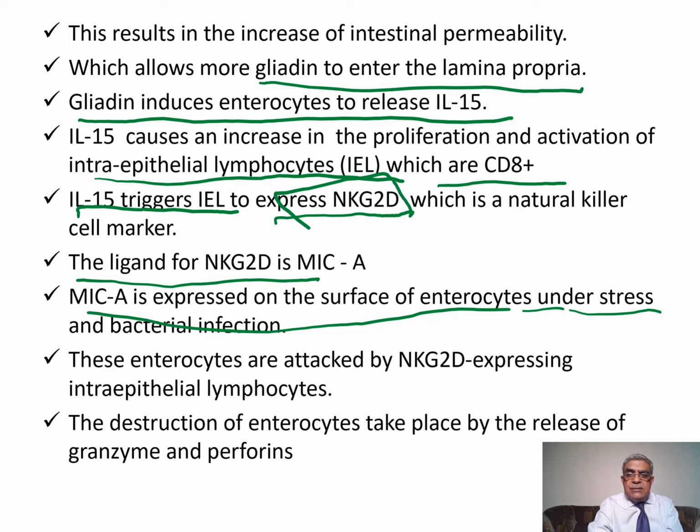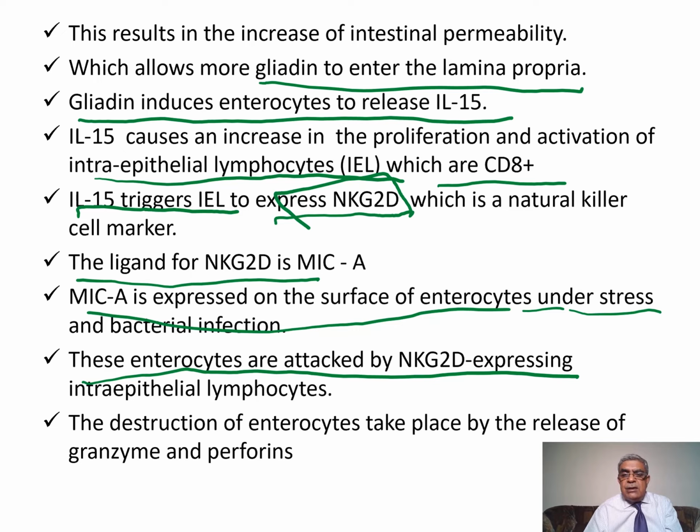Now, these enterocytes are attacked by NKG2D expressing intraepithelial lymphocytes. So, the lymphocytes which are intraepithelial and containing the NKG2D marker, which is a natural killer marker, now attack the enterocytes, which have a ligand known as MIC-A.